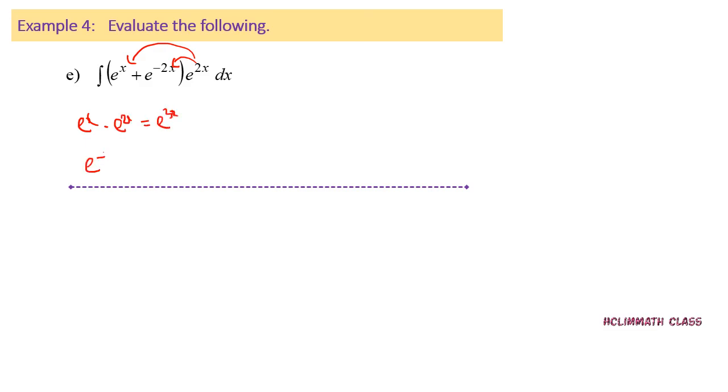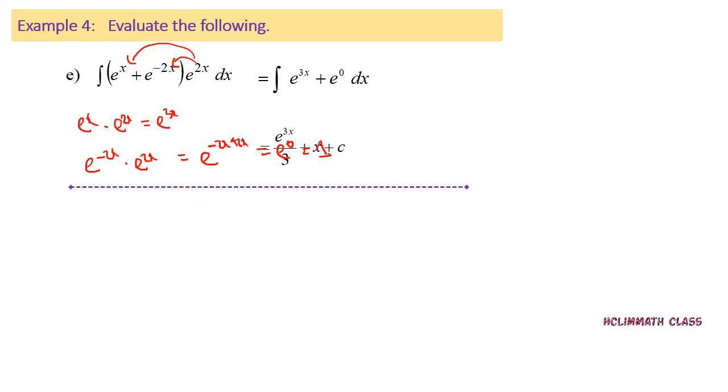So e to the power of minus 2x multiply e to the power 2x, you have e to the power minus 2x plus 2x, so you get e to the power of 0. Before we do anything, you expand first. So e to the power 0, that's actually 1.